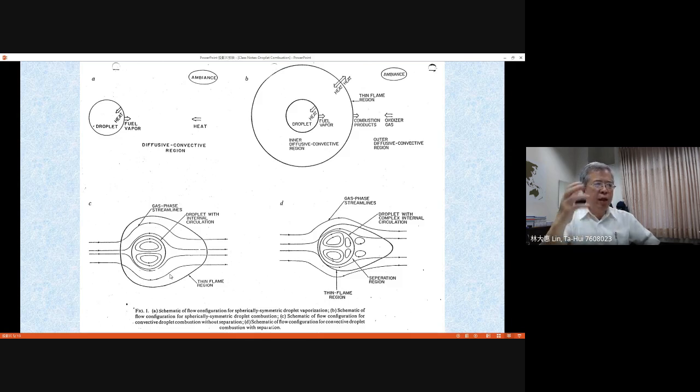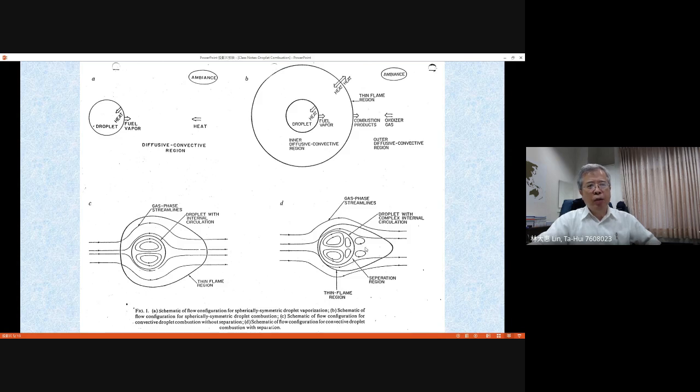Now, if you continuously increase the flow strength of your flow stream, what happens? From pure fluid mechanics, if you have a very large flow strength, meaning the Reynolds number is higher than a certain value, so-called flow separation occurs. When flow separation occurs, you will produce a pair of eddies in the downstream of your droplet.